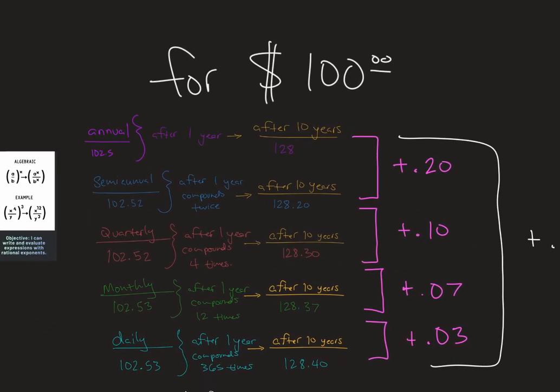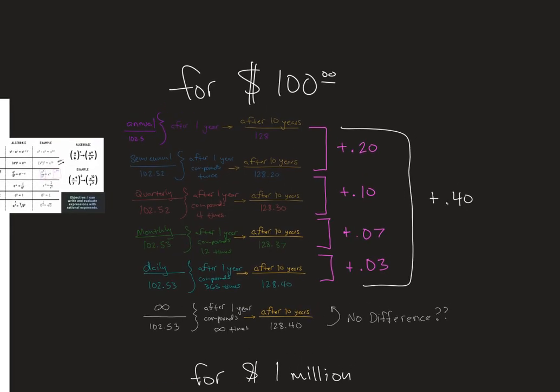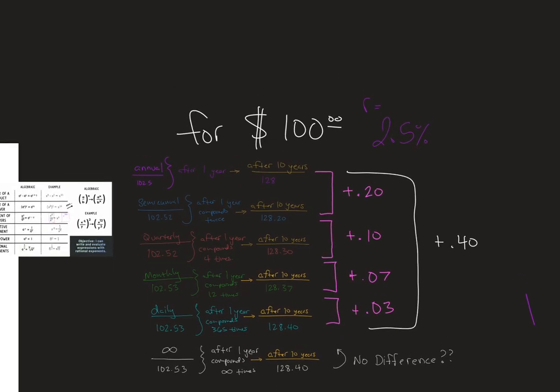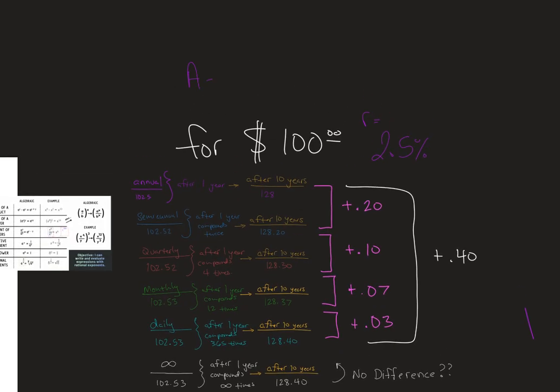So here's the idea. I've got some scenarios here where you've started with $100 and your interest rate is 2.5%. So your R equals 2.5%. And what that's going to look like is your account then equals, so let's do this. It looks like that.